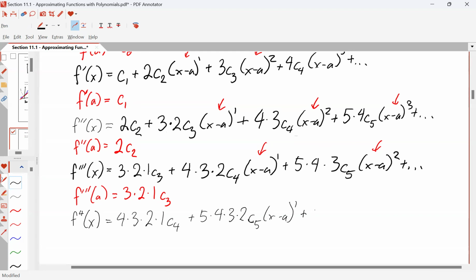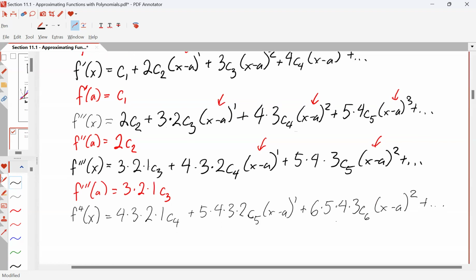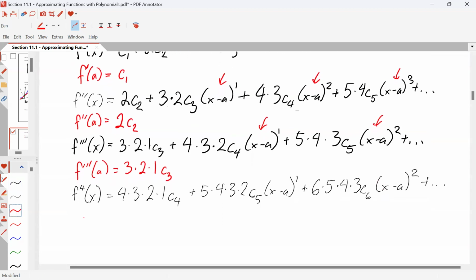I'm going to add on another term of what that would have looked like. It would be 6 times 5 times 4 times 3 c6 x minus a squared. Plugging in a, the fourth derivative at a is 4 times 3 times 2 times 1 c4.